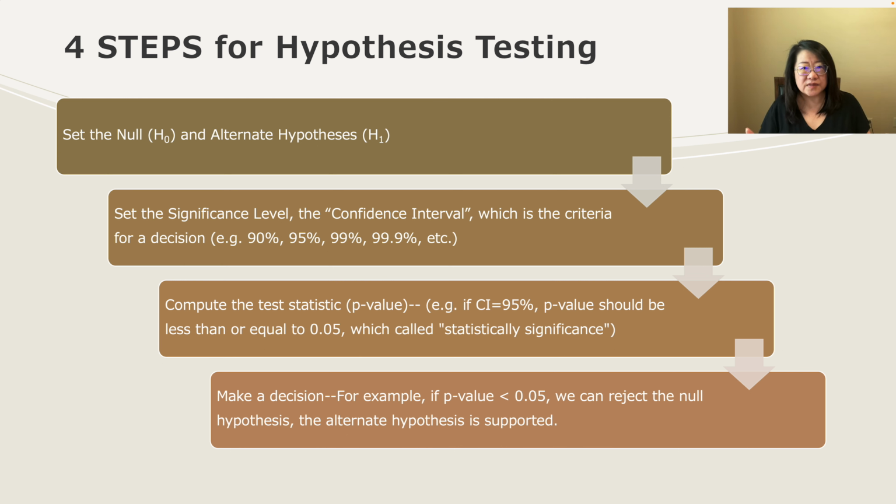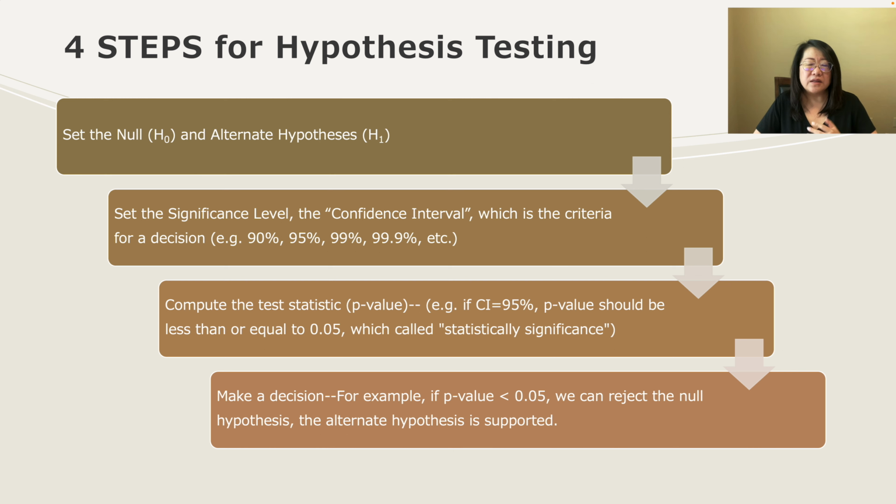In that kind of study, you will see a 99% or even 99.9% confidence interval very commonly used. So in that case, if your confidence interval is set at 99.9%, then your alpha value will be 0.001.